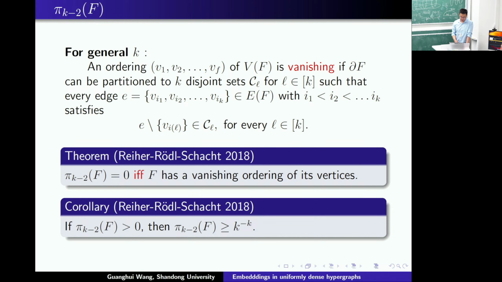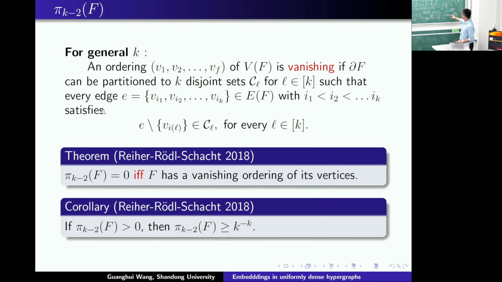When pi_{k-2}(F) is 0, it means that F has a vanishing order of its vertices. What's a vanishing order? An order v1, v2, ..., v_f is vanishing if the shadow of F can be partitioned into k disjoint sets, and every edge is of the form we I1, we I2, ..., we Ik. When satisfying this case, we remove one vertex when it belongs to exactly one case.